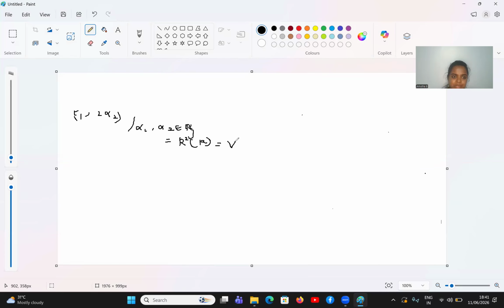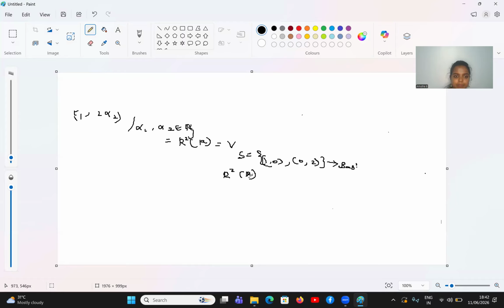Okay. So now we can tell S equal to {(1, 0), (0, 2)} is a basis. Basis of what? Basis of R2 over R.